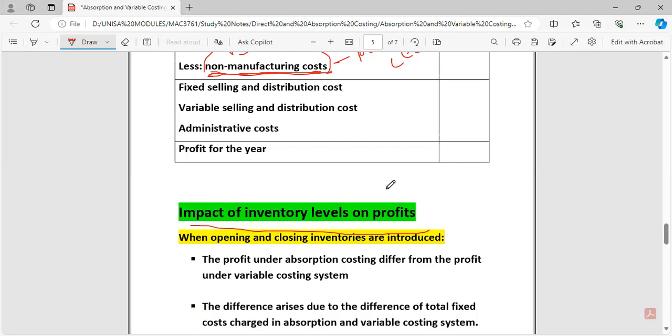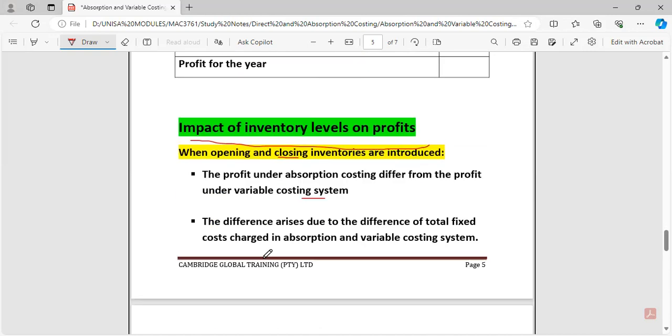So why do we have those different profit figures? It's here. The profit under absorption costing differs from the profit under variable costing when we have closing and opening inventory. The difference arises due to the difference of total fixed cost charged in absorption and variable costing.